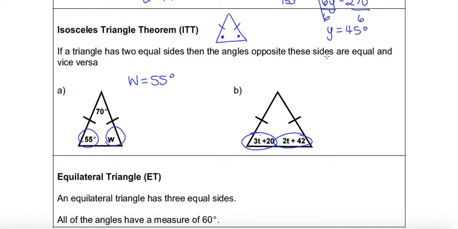So you can see how everything that we learn about in math builds on each other, right? It's all interconnected. So for this one, I have 3t plus 20 is equal to 2t plus 42, because these two angles are exactly the same, so they must equal each other.